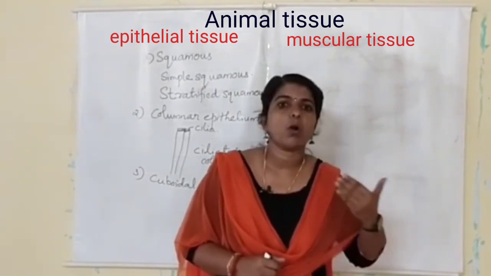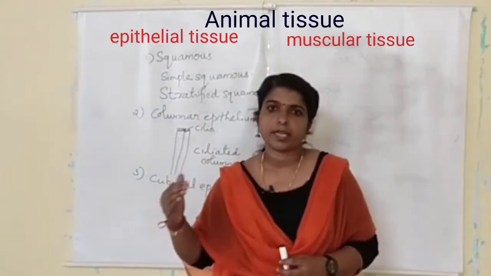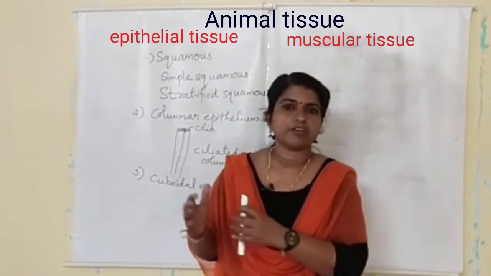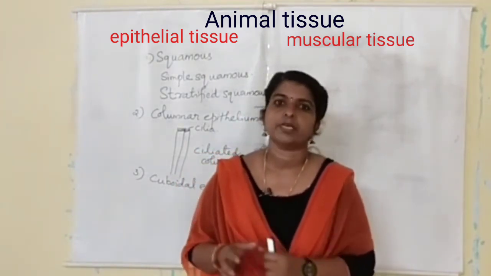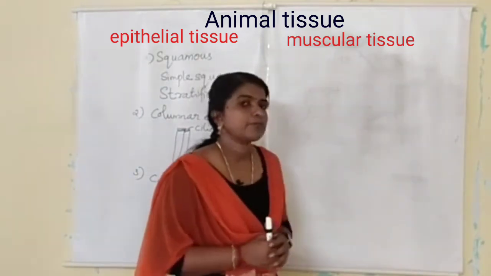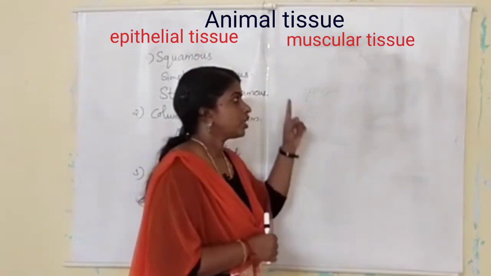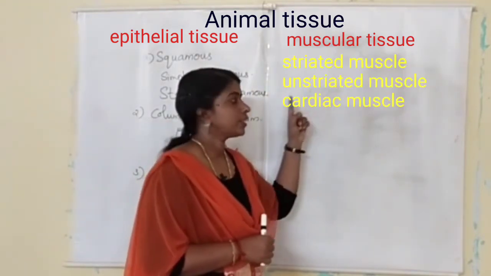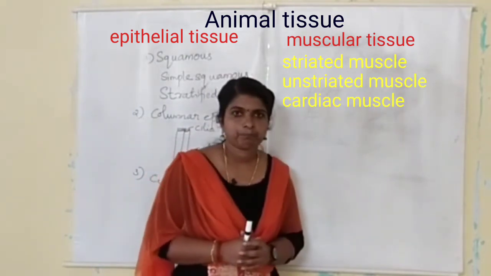They are known as the voluntary muscles. At the same time, there are other types of muscles whose action we cannot control. These are known as the involuntary muscles. So 3 different types of muscles are normally there. These are striated muscle, unstriated muscle and cardiac muscle.